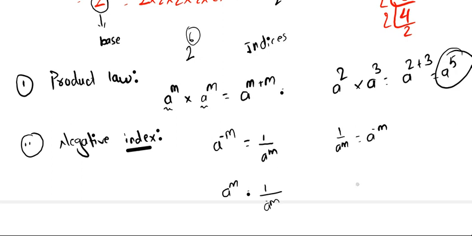So a power minus m means 1 by a power m, and 1 by a power m can also be written as a power minus m. If you want to change the sign of an index, you have to change the position. If it is in the numerator, you take it into the denominator, so it will become negative m. If the number is in the denominator, when you take it into the numerator, it will become positive again. So this is called the law of negative index.